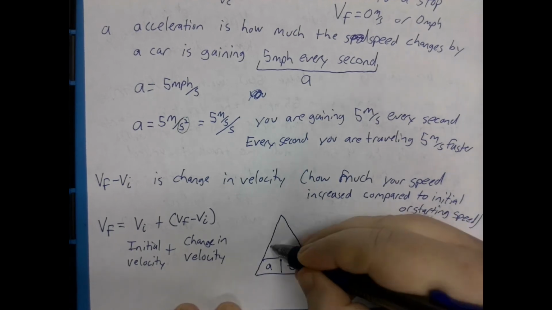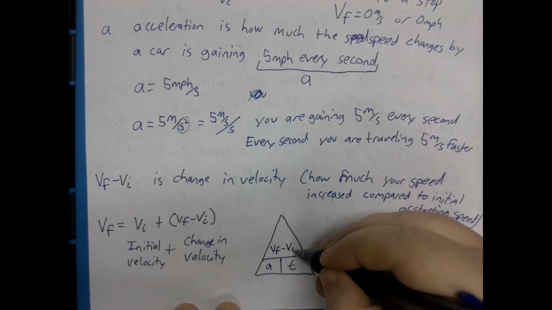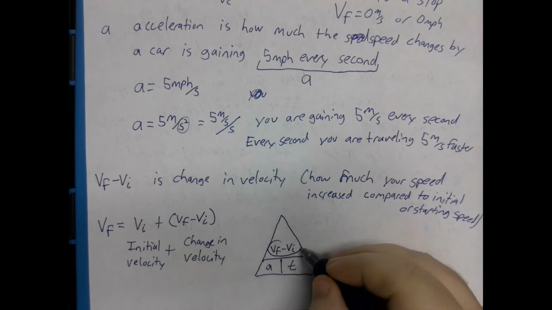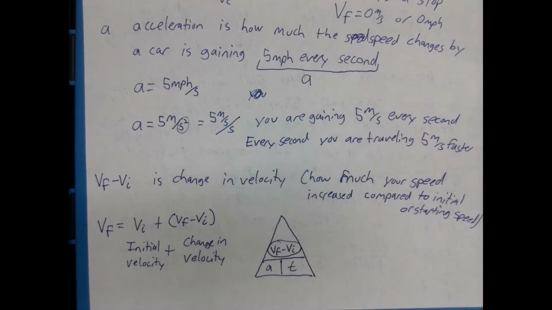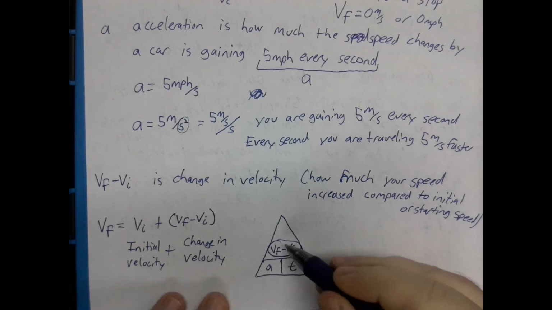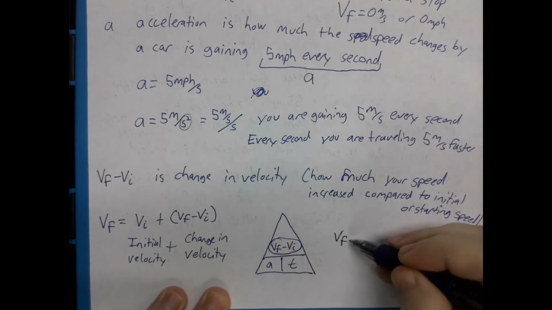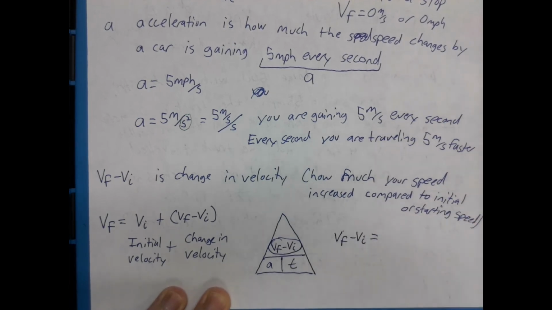So if you have a triangle like this, and you're solving for change in velocity, you put what you circled first, then an equal sign, and then you read what's left. This is A times T.